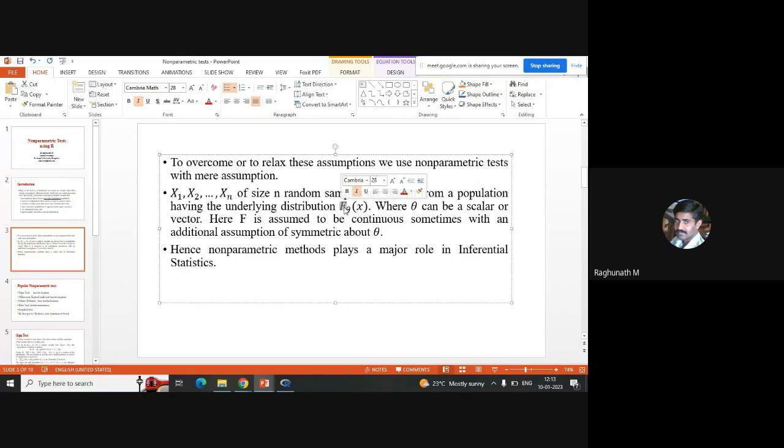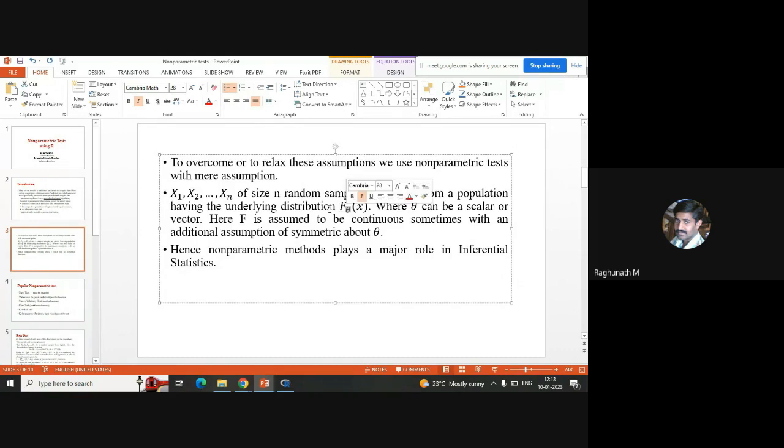We are not bothered about what that f is. But we are going to assume some mere assumptions, meaning very few assumptions compared to the parametric sense. This theta is a scalar or a vector, whatever it is; it is a parameter for us.